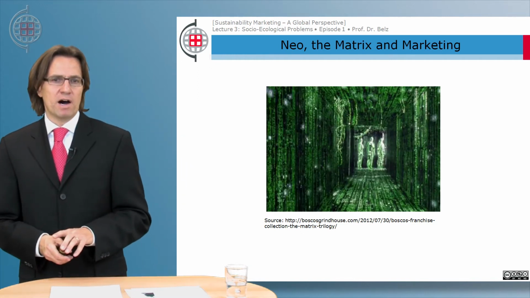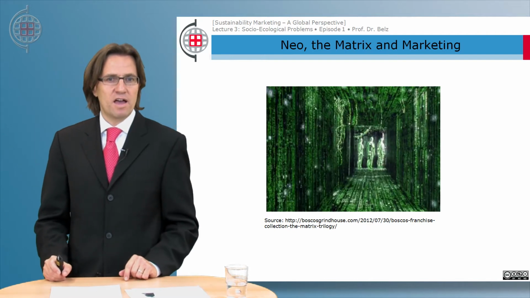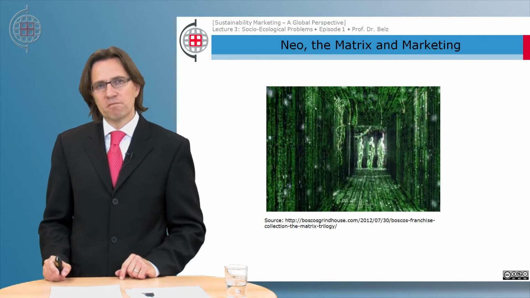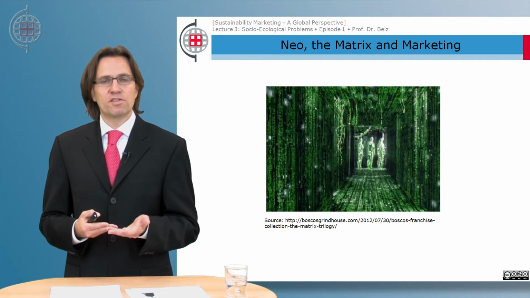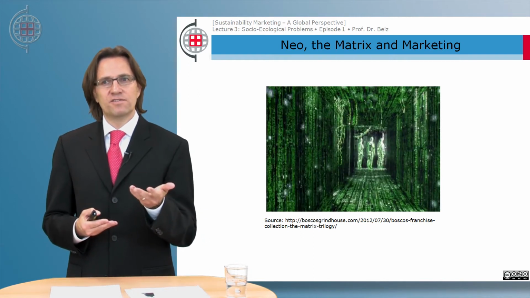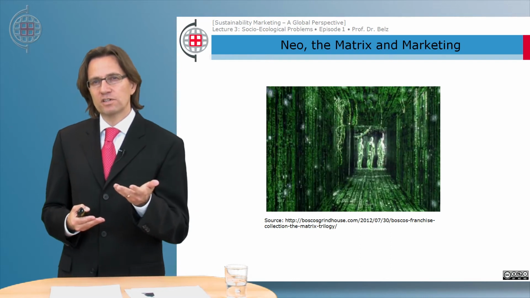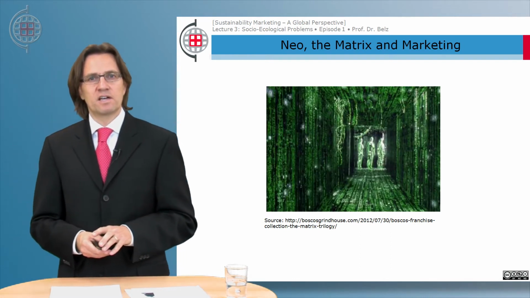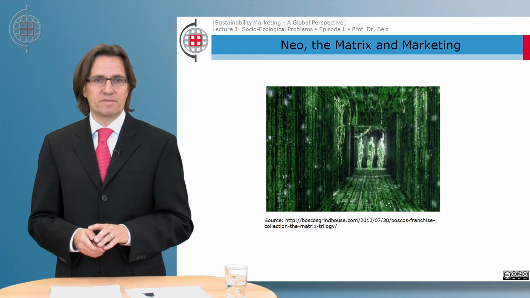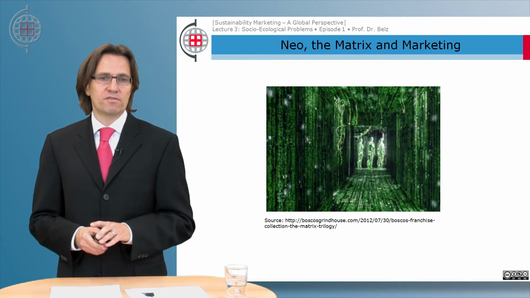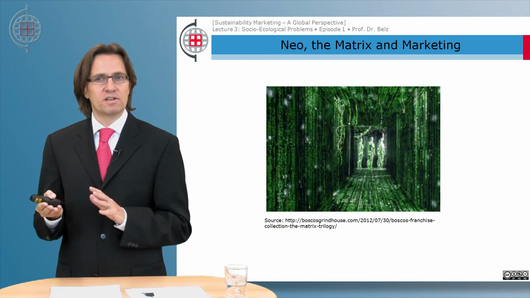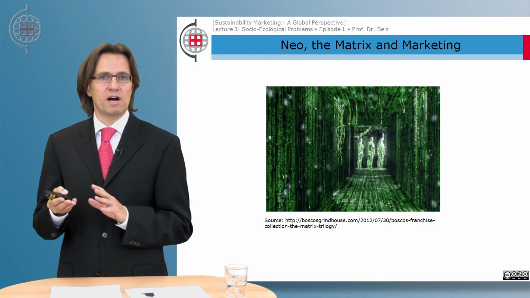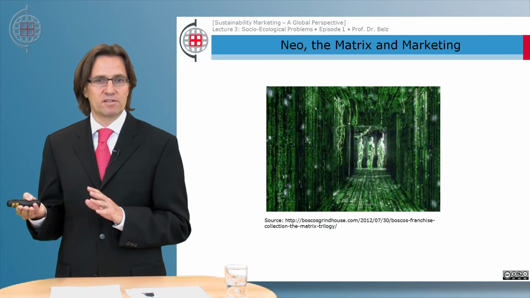Similarly, marketing students and decision makers in marketing live in two different worlds. On the one hand, they live in the artificial world of advertising and brands. Often they are stuck in this world. But there's another world, the real world behind products and brands.